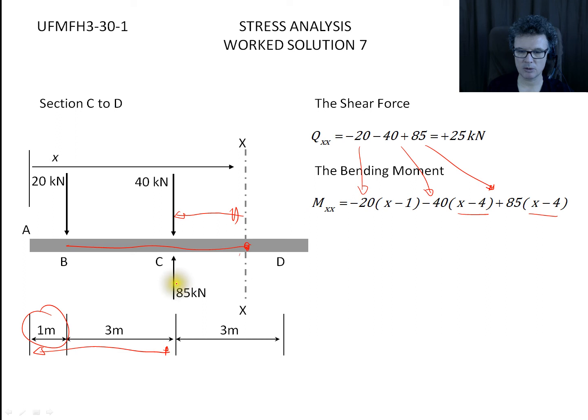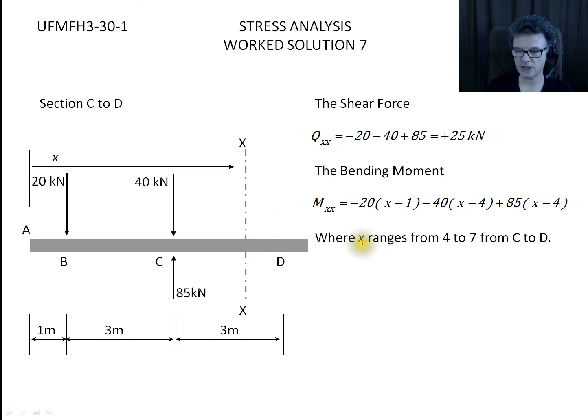And the next thing I want to do is put in the values where C starts and where D finishes. So that gives me equations that are valid between 4 meters and 7 meters. So I'm going to put x equals 4 into this equation and x equals 7.